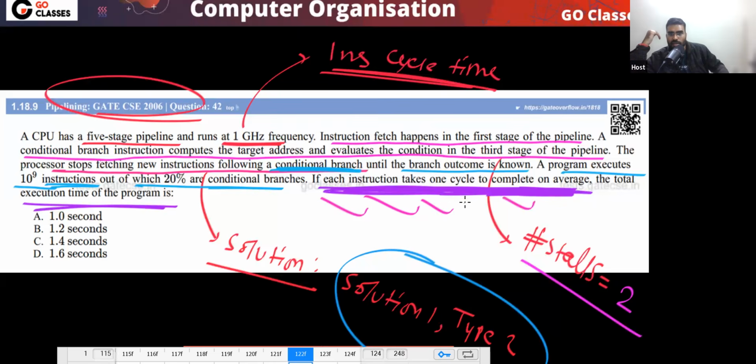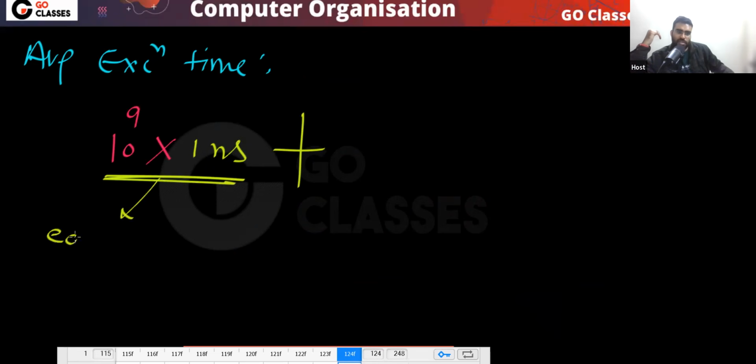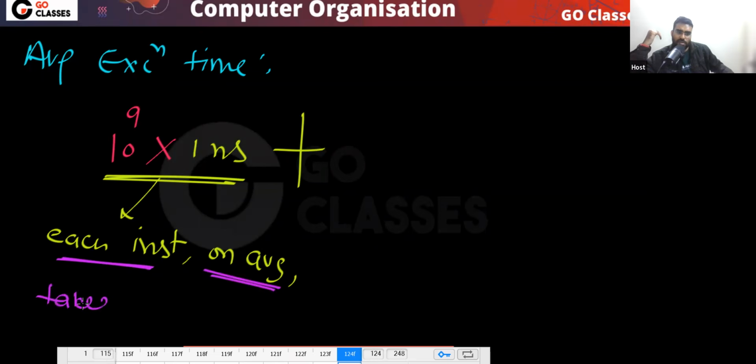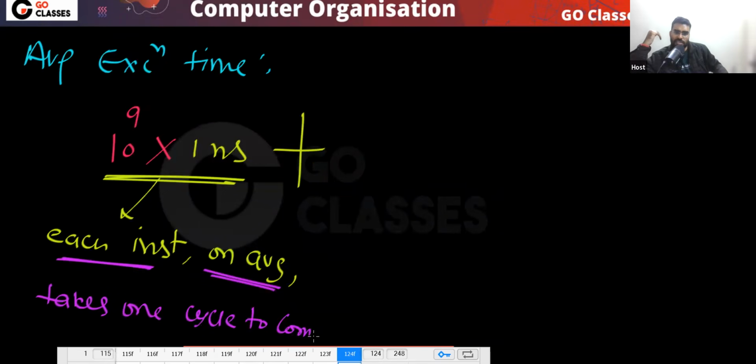So for these many instructions, how much time? 1 nanosecond each, because this information is given to you in the question that each instruction on average takes 1 cycle to complete.